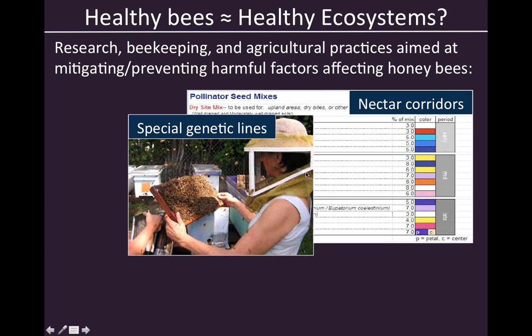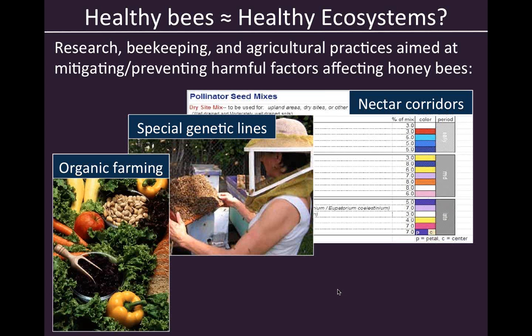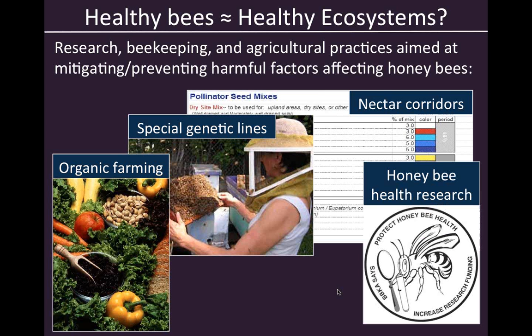People like Marla Spivak at the University of Minnesota have developed a selective genetic line of hygienic bees that have a behavior that naturally makes them more hygienic toward varroa, and so they will get rid of varroa without the need for beekeeper-applied pesticides. Organic farming helps reduce the amount of chemicals used in crops that are pollinated by bees, so that helps.